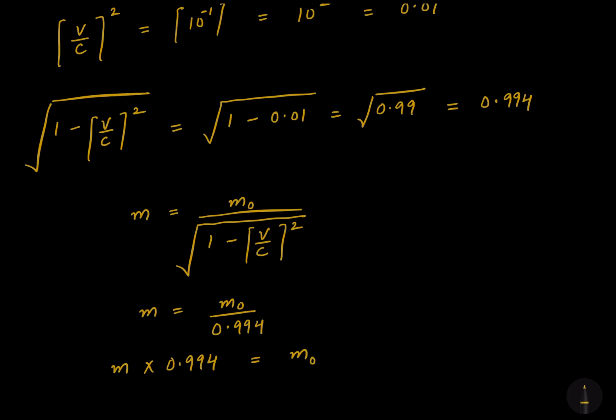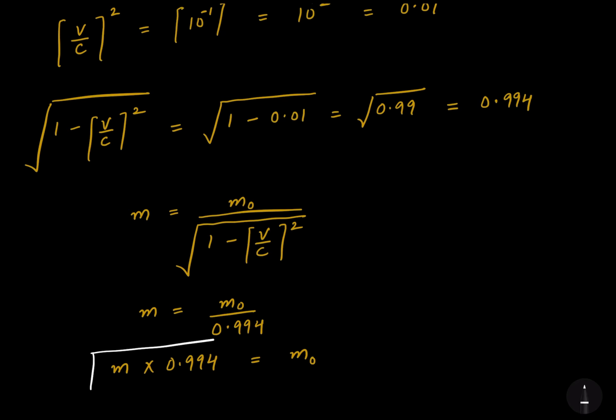When we divide by a value which is lesser than 1, that is 0 point something, the magnitude increases, which proves that the mass of a particle moving with a velocity approaching that of the speed of light slightly increases.